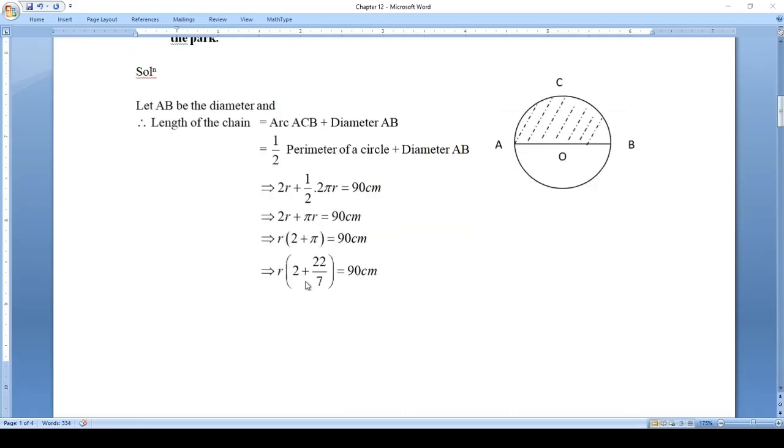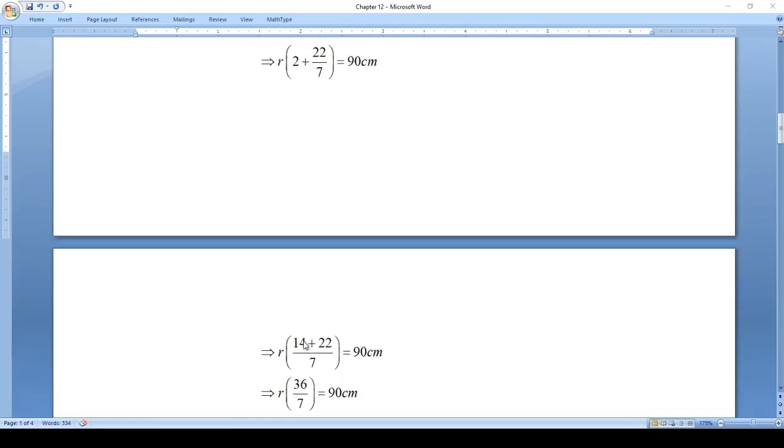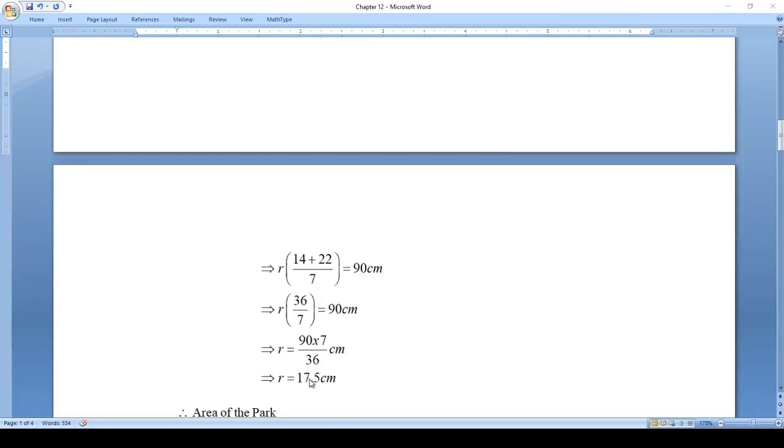Now taking the LCM of the denominators, there is 1 and 7. LCM of 1 and 7 is 7. 7 divided by denominator 1 is 7. 7 multiply 2 is 14. And then 7, the LCM divided by 7 is 1. 1 multiply 22 is 22. Now 14 plus 22 is 36 by 7, times r, equal to 90.